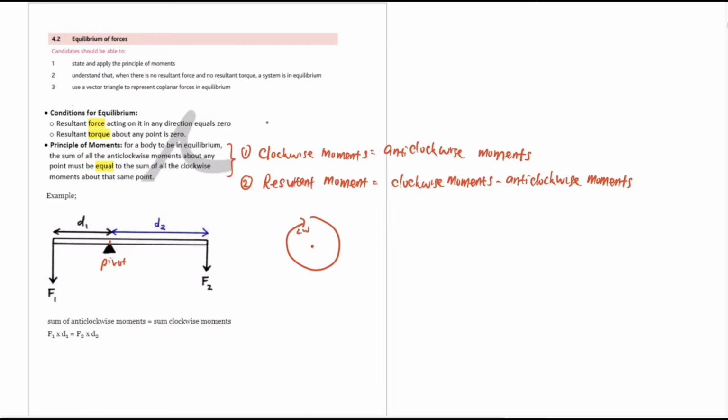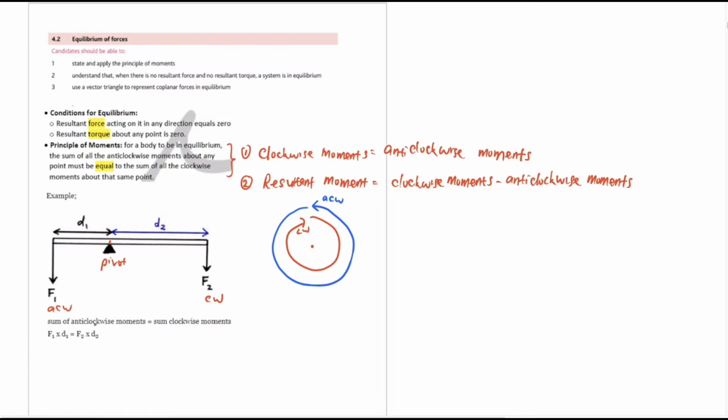And then anti-clockwise is opposite way. Anti-clockwise is the blue one. So this is the center of the clock. So this way is considered clockwise. This way is considered anti-clockwise.